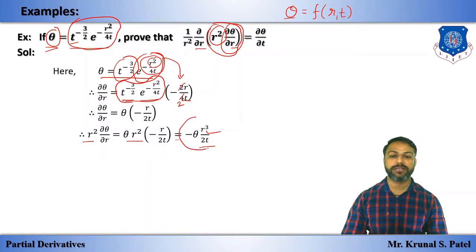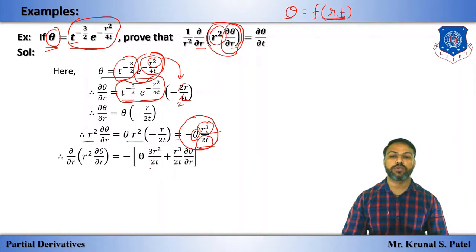That means we differentiate this with respect to r. At that time, theta and r cube both are variables, because theta is a function of r and t. So theta contains r, so theta is our function and r is our variable, but 2t is constant. So minus outside, and we will apply the product rule here between these two terms, this and theta.